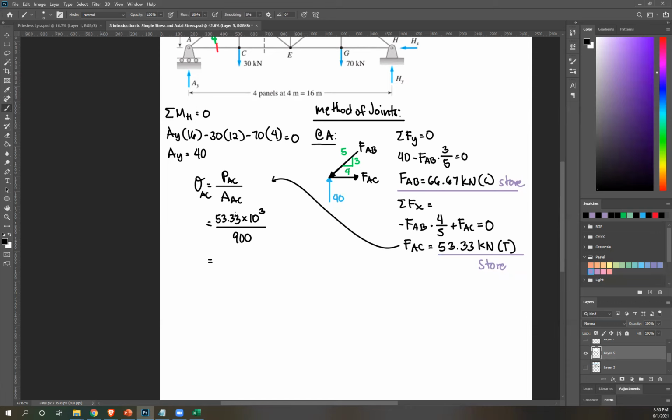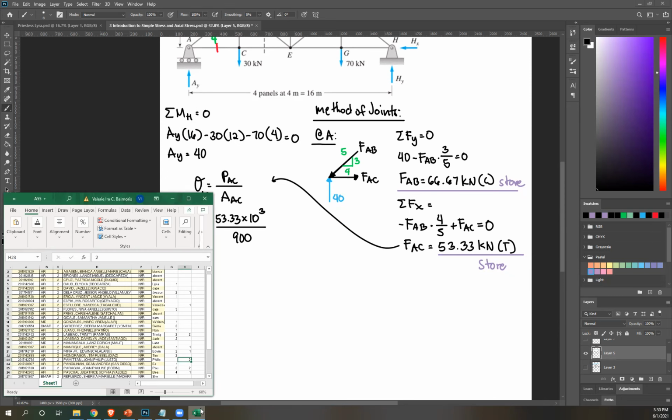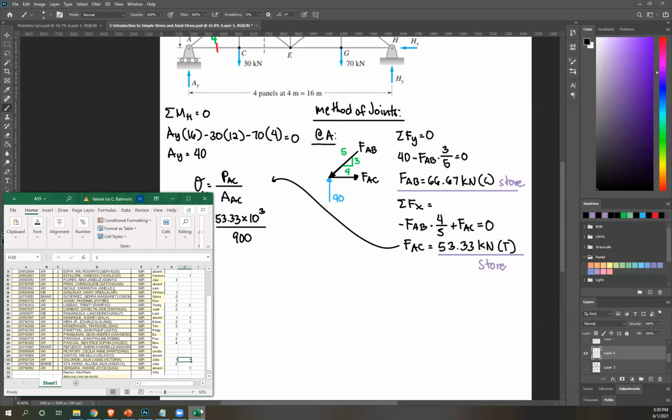And then let's also give credit to those who solved using kilonewton, 0.059.